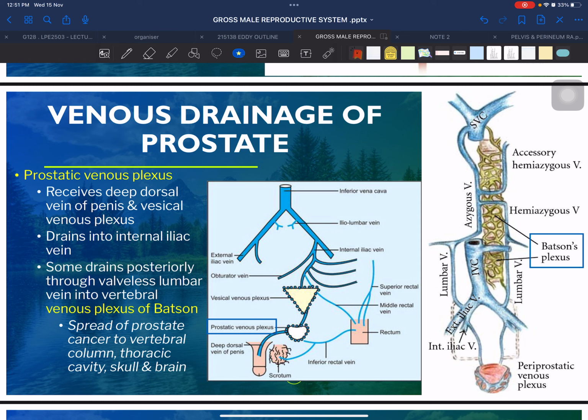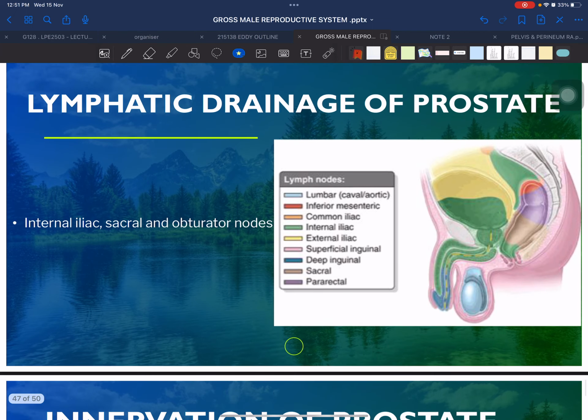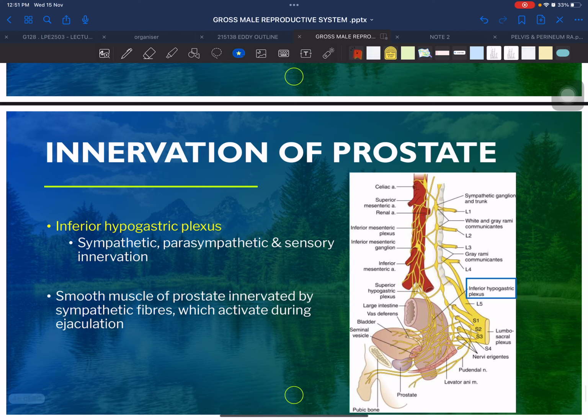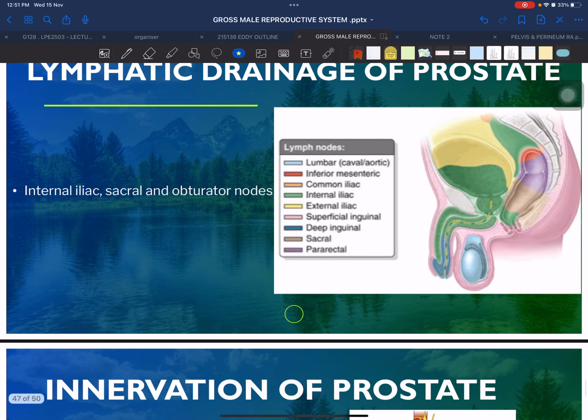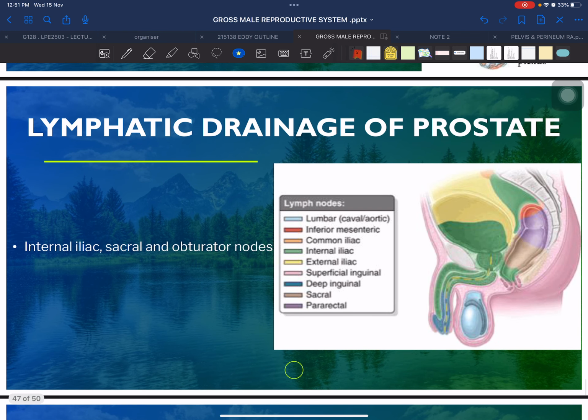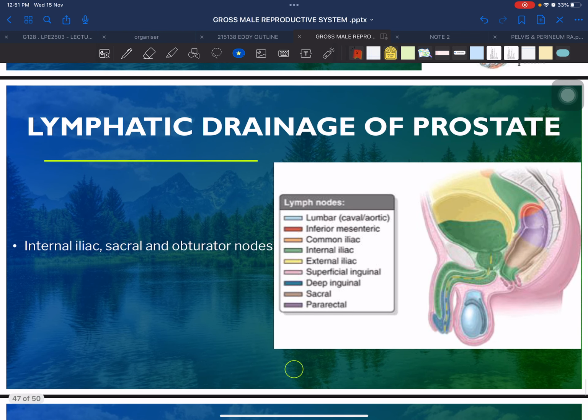That's the importance of the prostatic venous plexus. Lymphatic: internal iliac, sacral and obturator nodes. By internal iliac, and sacral here, and also the obturator nodes here.